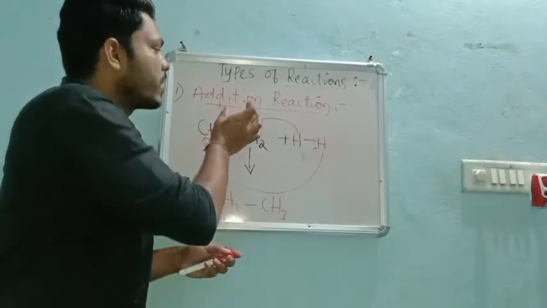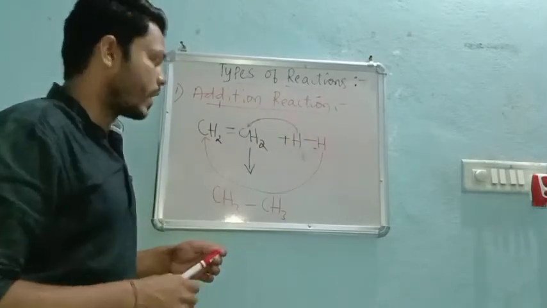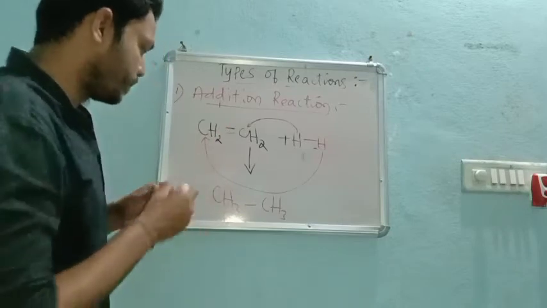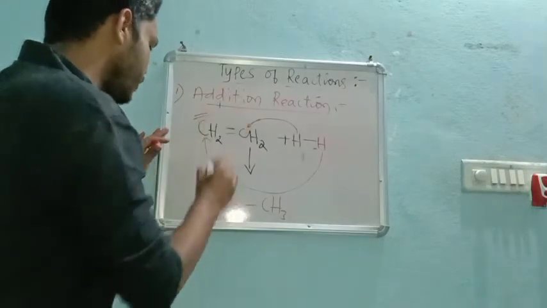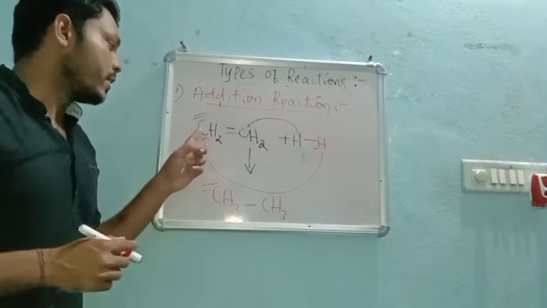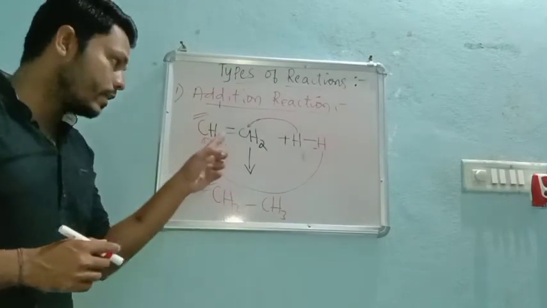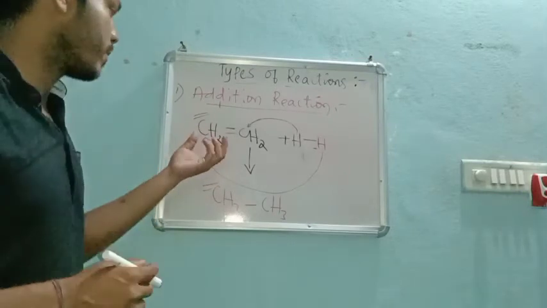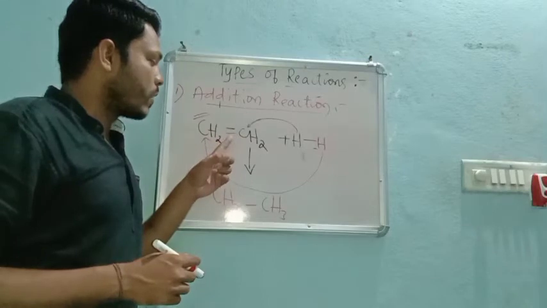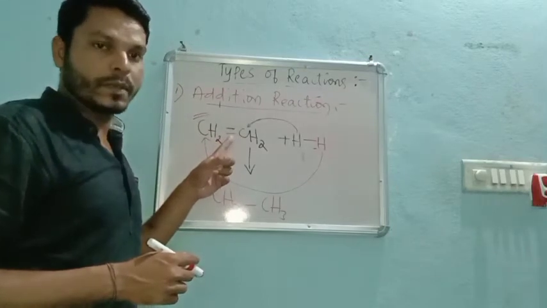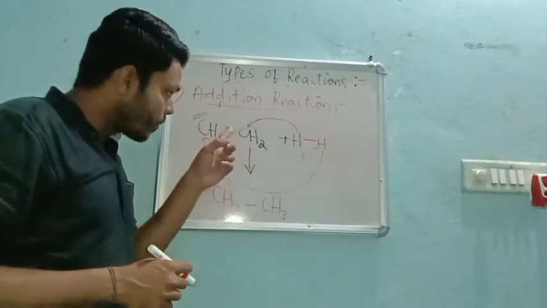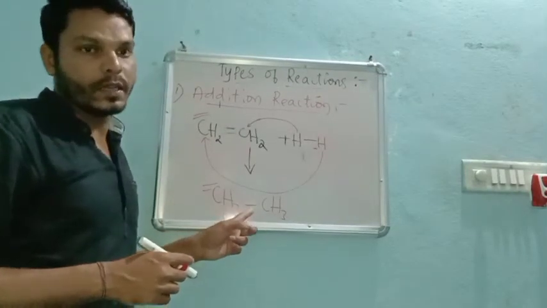This addition reaction can also be explained by comparing this compound with the other. In an alkene of type ethene, there is a presence of a double bond. But in the product, the double bond is converted into a single bond.